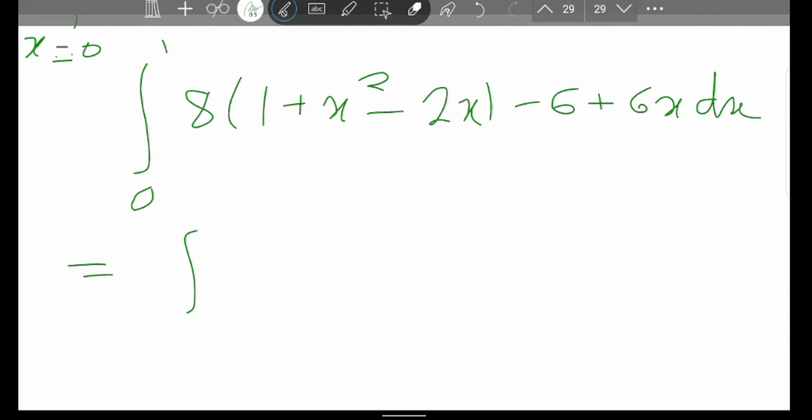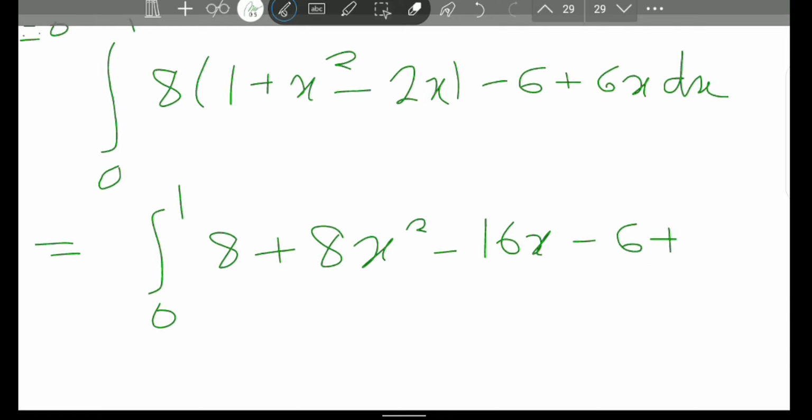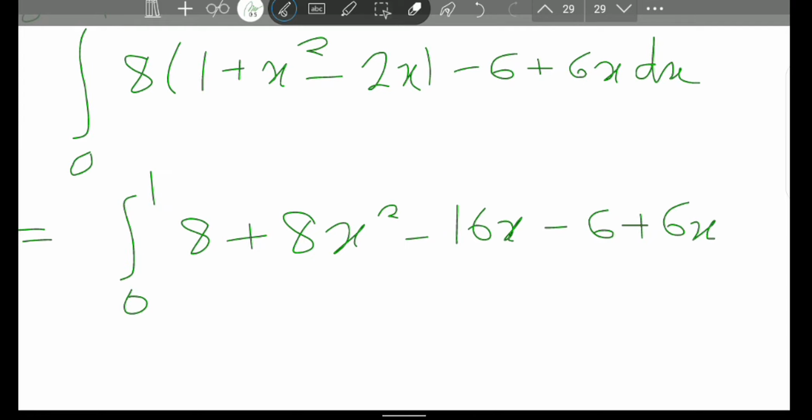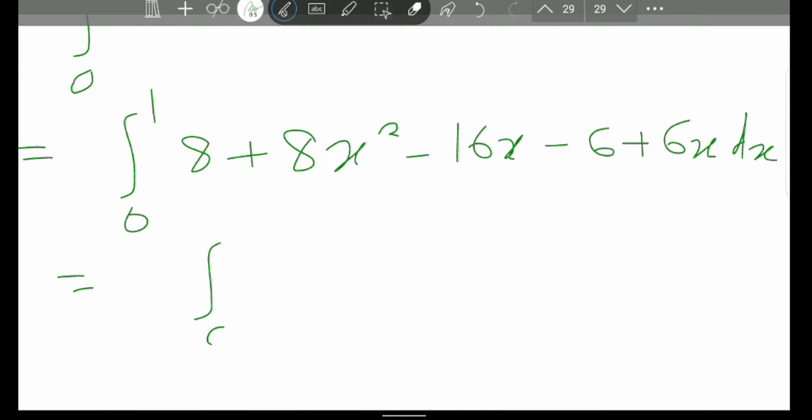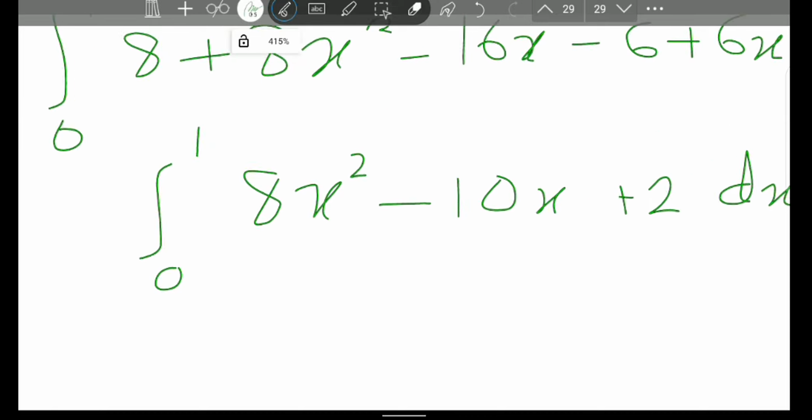That's equal to integral from 0 to 1, 8 plus 8x square minus 16x minus 6 plus 6x dx. That's equal to integral 0 to 1, 8x square minus 10x plus 2. That's pretty simple to calculate.